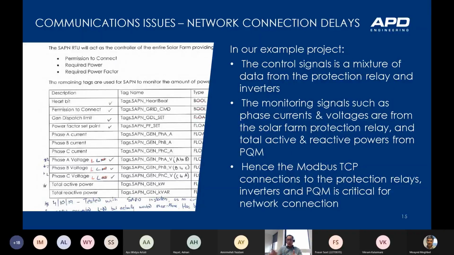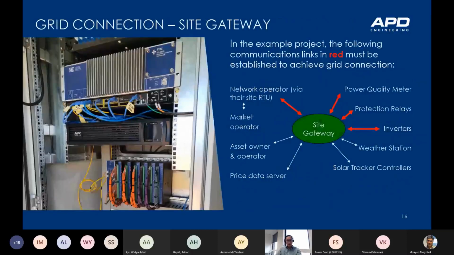So what that means is that the plant would only be able to connect to the grid if the site gateway can actually talk to all those devices, specifically the ones that are included in this list. So you must talk to those links in red.